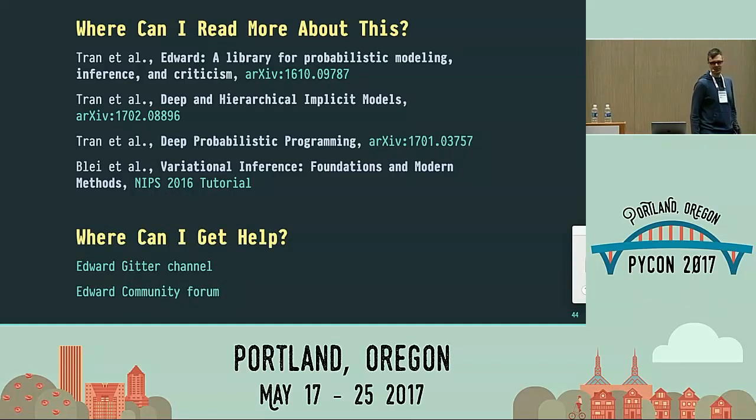So this is nice. The second one, Deep and Hierarchical Implicit Models, is a more technical, more advanced paper. I can highly recommend it because it also points towards new improvements in Edward that are just exceptionally interesting and open up possibilities for really interesting modeling approaches. Then Deep Probabilistic Programming explains a bit more the rationale behind modeling in Edward.